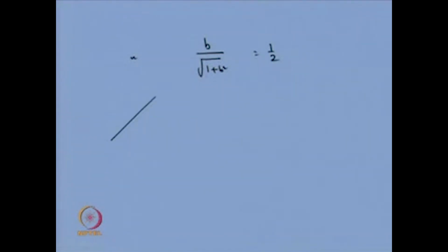We are talking about the side slope of the channel, 1 is to m. So, root of 1 plus m squared indicates the hypotenuse of this portion. What does this mean? If you note this angle as theta, you can easily suggest that m by root of 1 plus m squared is equal to half, which is equal to sin theta.